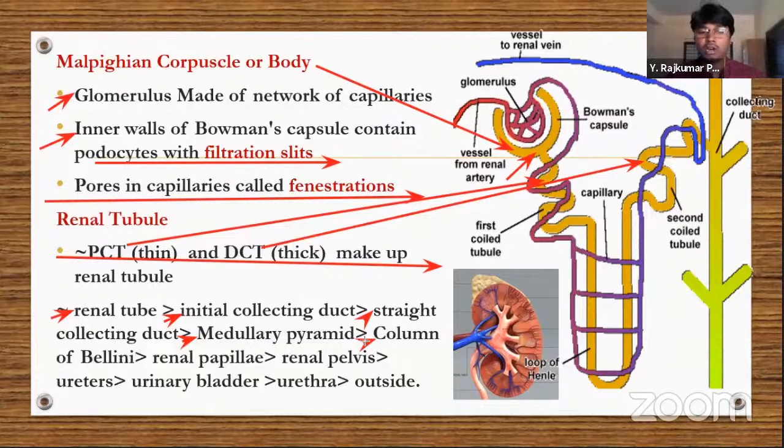Then it goes through the column of Bellini, next renal papillae and renal pelvis. Finally, ureter, and from ureter it goes to the urinary bladder, and from urinary bladder to urethra. Finally, it is sent outside. This is the pathway of the urine. Okay, dear students, let's learn further.